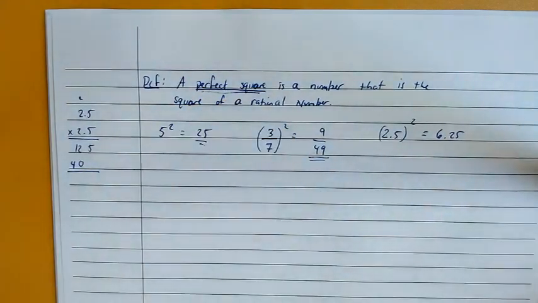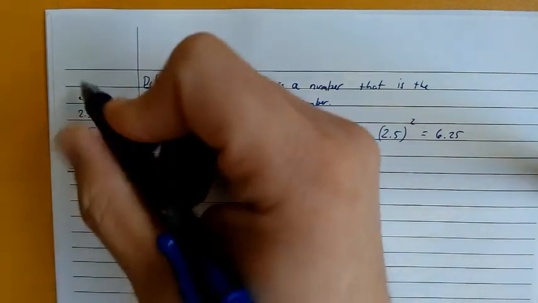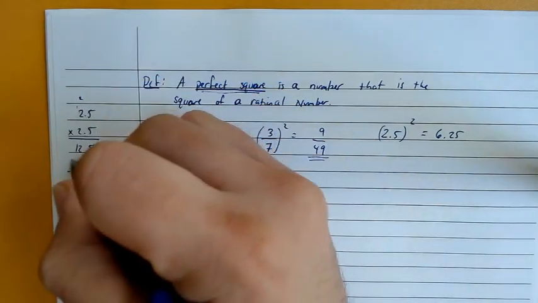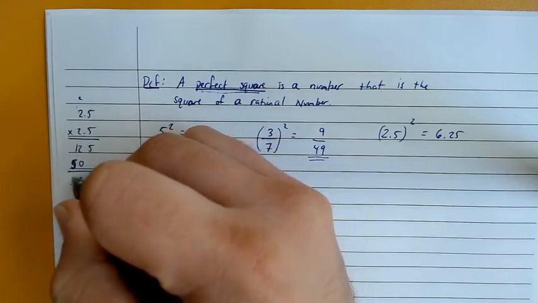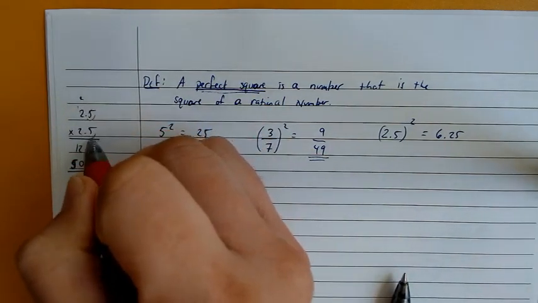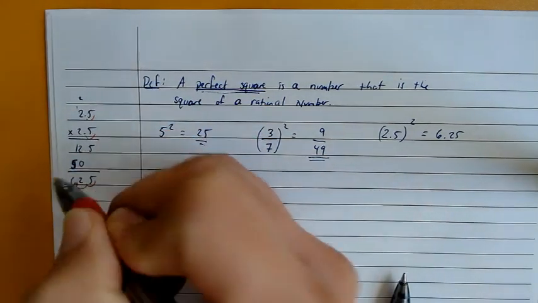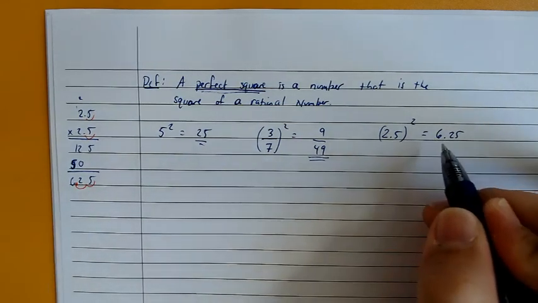Oh, I forgot to carry my 1. 2 times 5 is 10. And then 4 plus 1 is 5. There we go. So 6.25. All of these are perfect squares.